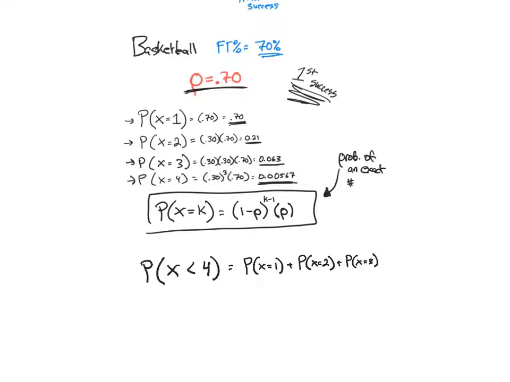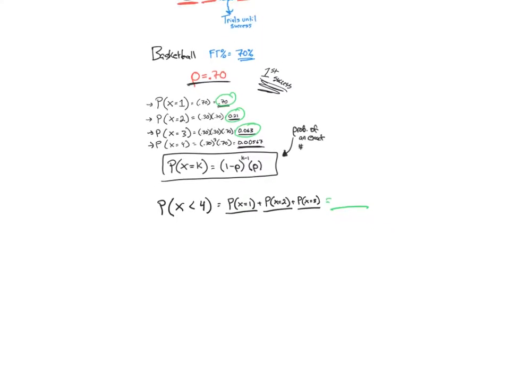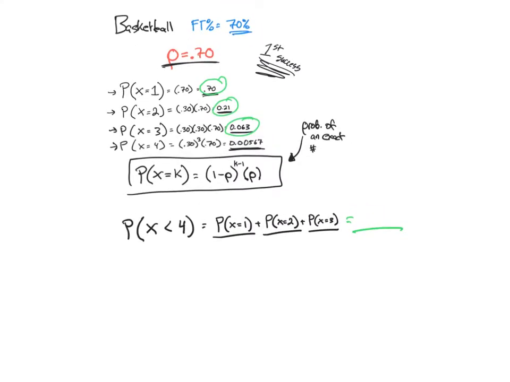And that's it, right? That would be less than 4. So the first success came on some shot before 4. Well, just calculate this, and then calculate this, and then calculate this. Well, if I was going to do that, that's going to be 0.7 plus 0.21 plus 0.063, right? That would be the answer there. So we can find that right there. So that is the probability that it's less than.